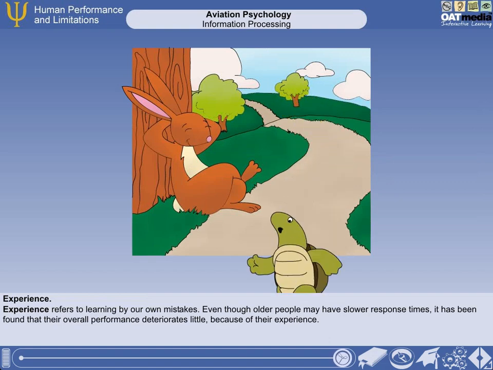Experience refers to learning by our own mistakes. Even though older people may have slower response times, it has been found that their overall performance deteriorates little because of their experience.